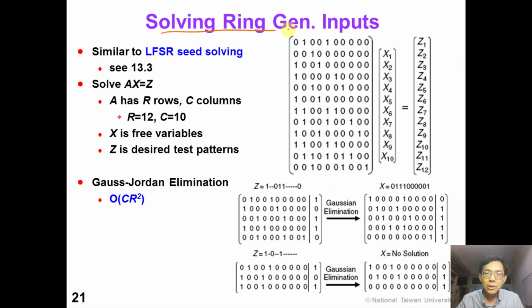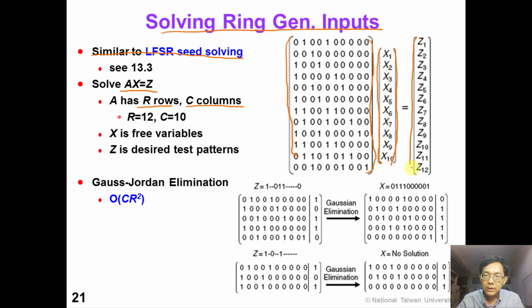Solving ring generator input is very similar to solving LFSR seed. We solve the linear equation system AX equals Z, where A is a matrix with R rows and C columns, and X is a vector of free variables.